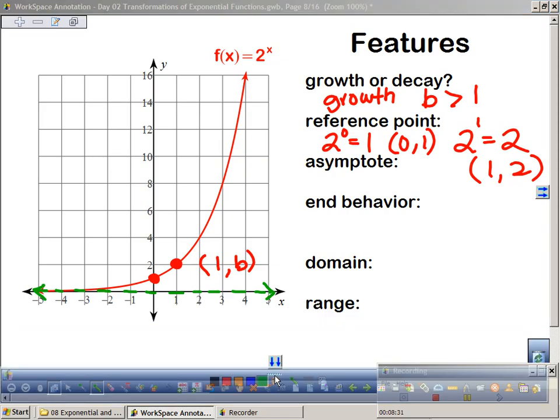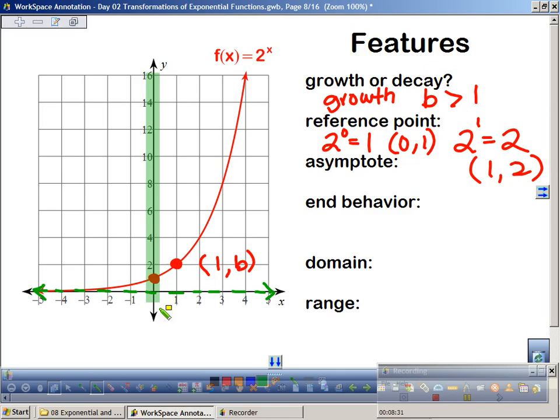My reference axis is where my exponent was 0. So when my exponent was 0, I got 1. Wasn't that our reference point from the very beginning? That's our very first reference point. So I'm going to call this the reference axis. And you're going to see why in a little bit.